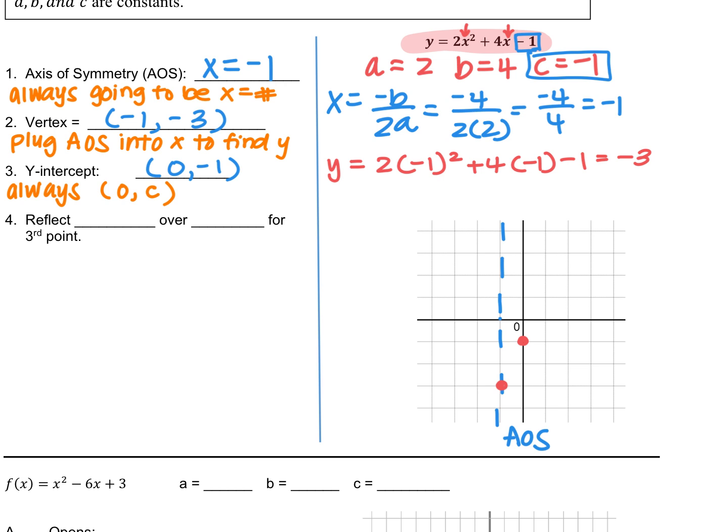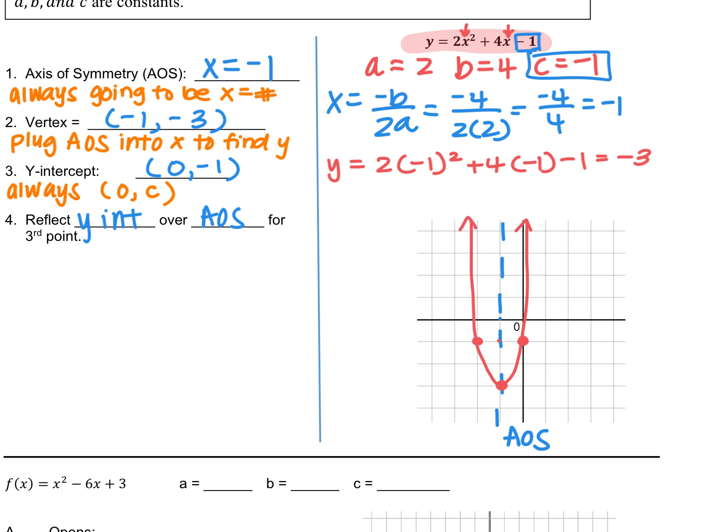And then I can reflect my y-intercept over my axis of symmetry to find the third point. If my y-intercept is at 0, -1, it takes me one step to get to the axis of symmetry, so I can do one step on the other side, and now I have 3 points. You can also still use quote slope.